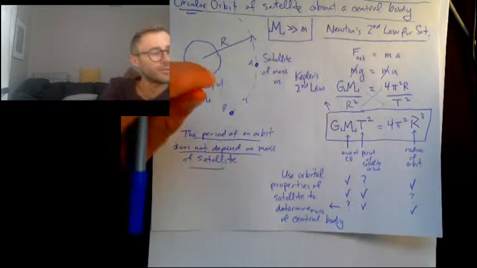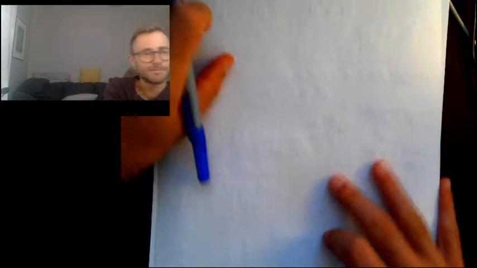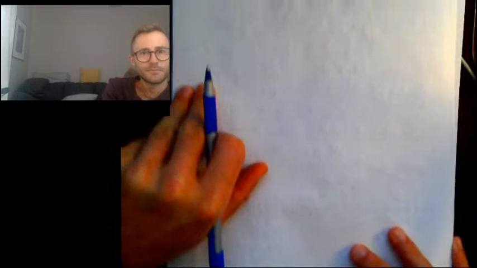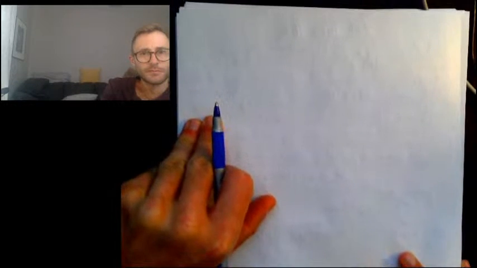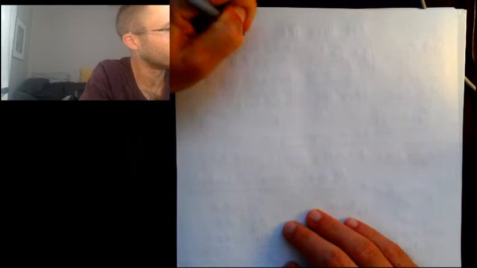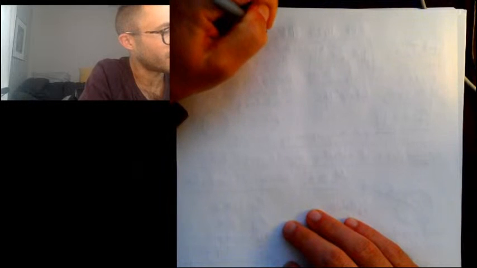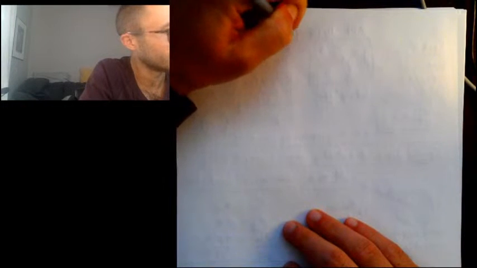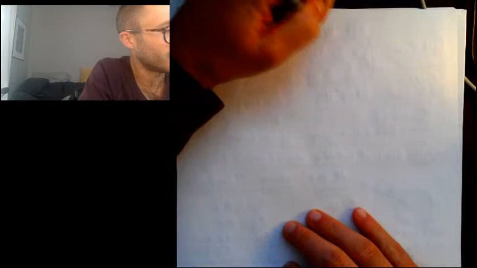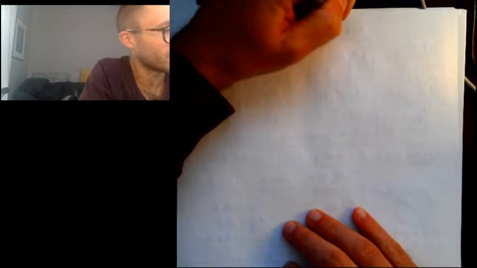All right, so let's flip the page here, and let's do an example. The sun has mass 2 times 10 to the 30th kilograms.